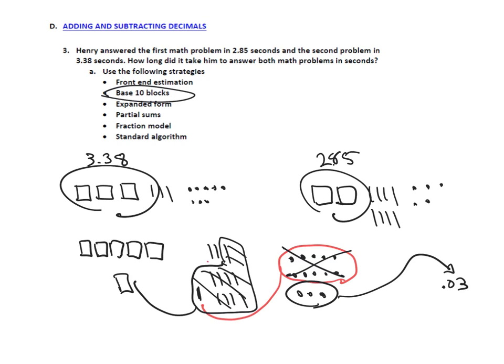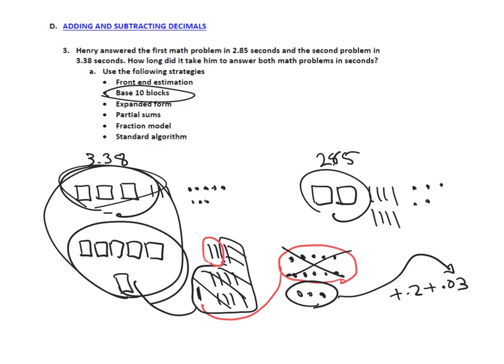And so then that leaves me with 2/10. I'm looking at all these together, so 1, 2, 3, 4, 5, I've got 6. So I've got 6 and 23 hundredths using the base 10 blocks.